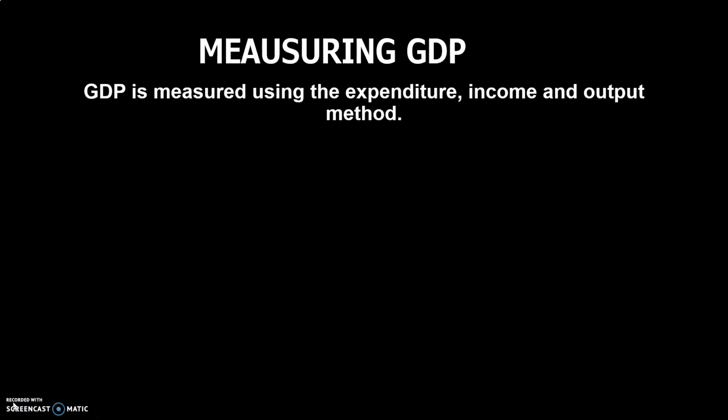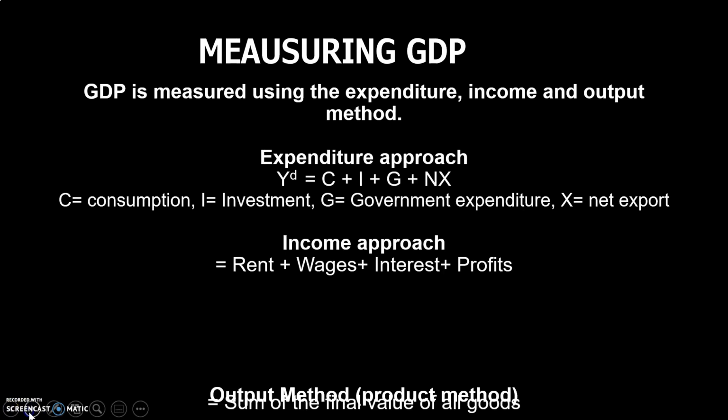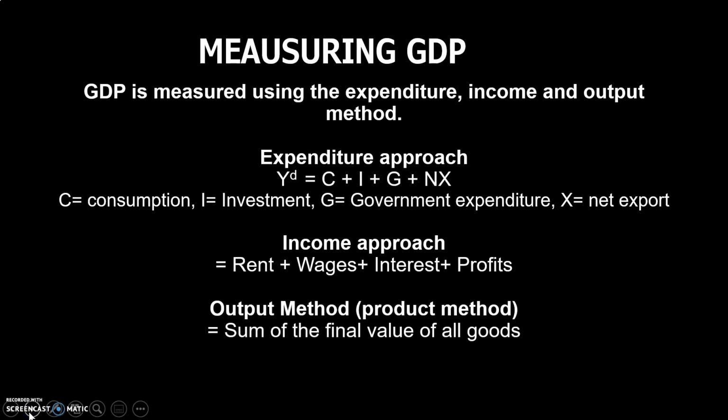There are three approaches for measuring GDP. This includes the expenditure approach, the income approach, and the output method. So the expenditure approach will add up expenditure in the economy. It will look at consumption expenditure, investment expenditure, government expenditure, and net exports, that is exports minus imports.